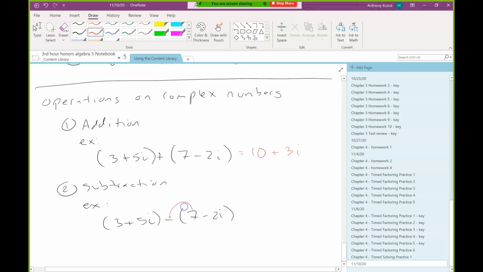So here we should get negative 4, plus... everybody okay there? So again, pretty easy to deal with.